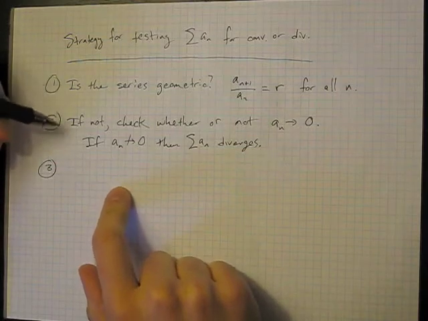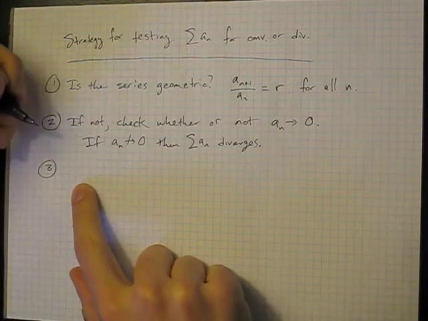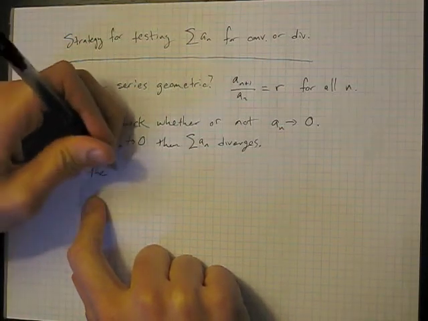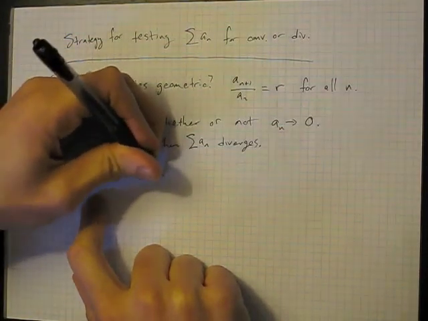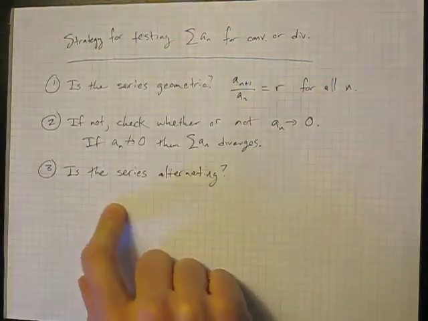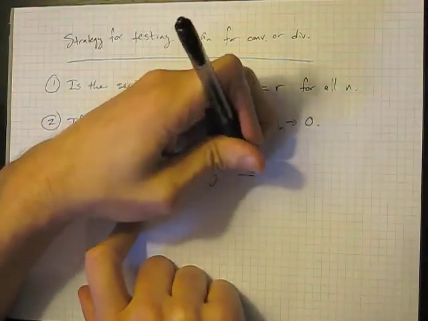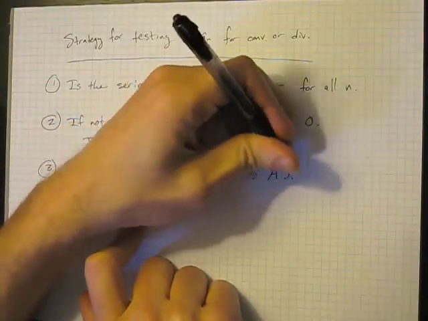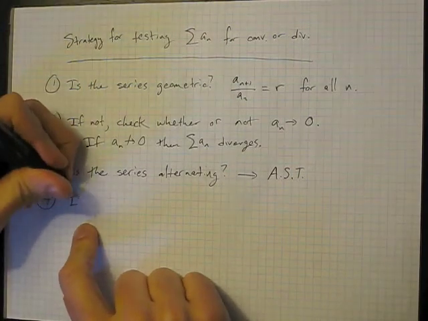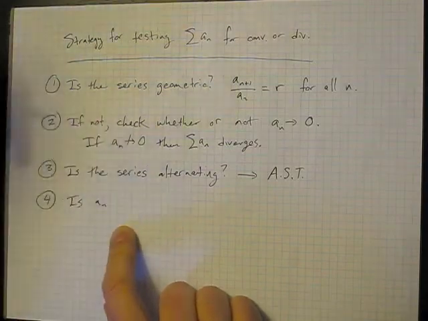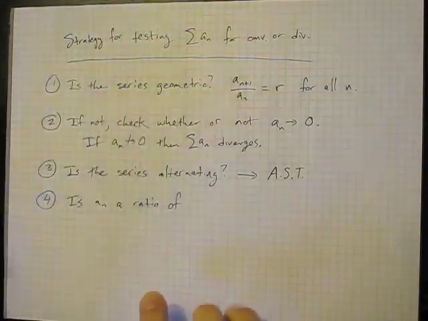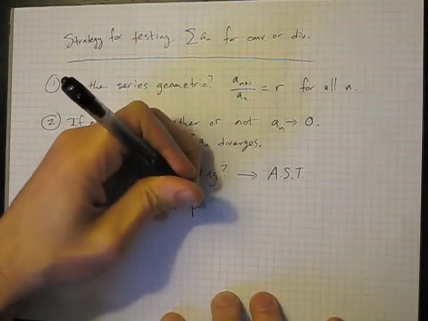Okay, so where were we? The next step is to ask yourself, is the series alternating? If it's alternating, then of course you can try the alternating series test. 4. Is it a ratio of polynomials or roots?